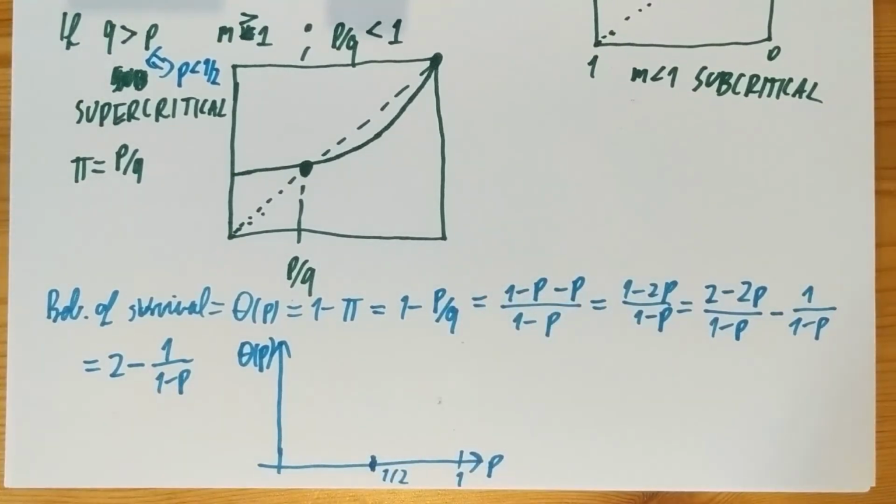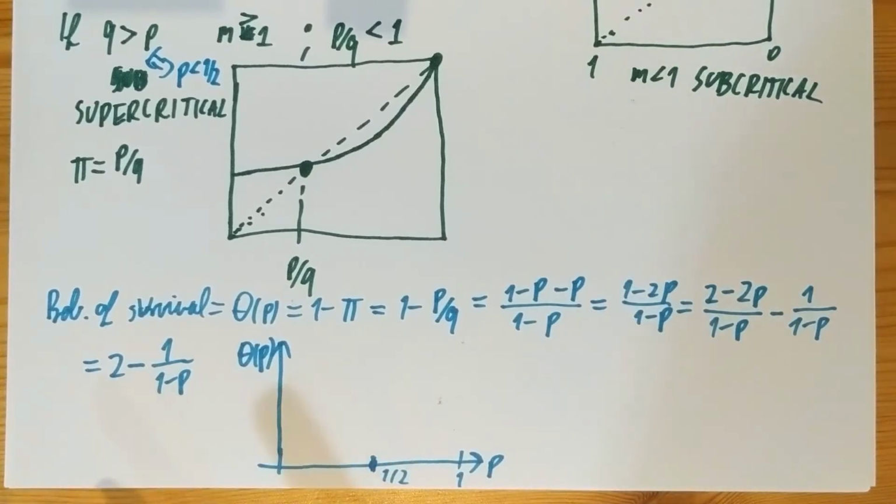Well, this is like a reciprocal function, except I have to transform it a little bit. It's a reciprocal function, flipped upside down, shifted by 1, also flipped left, right, and shifted by 1 horizontally, flipped left, right, flipped upside down, shifted up by 2.